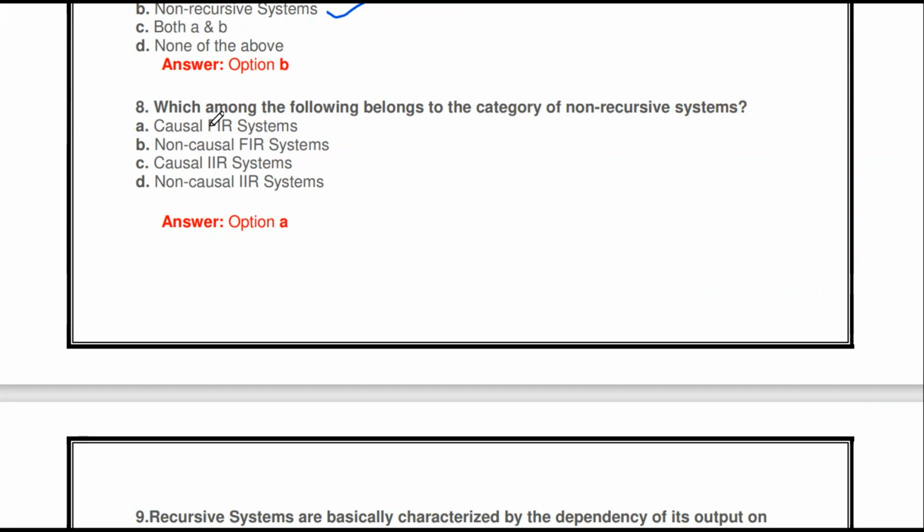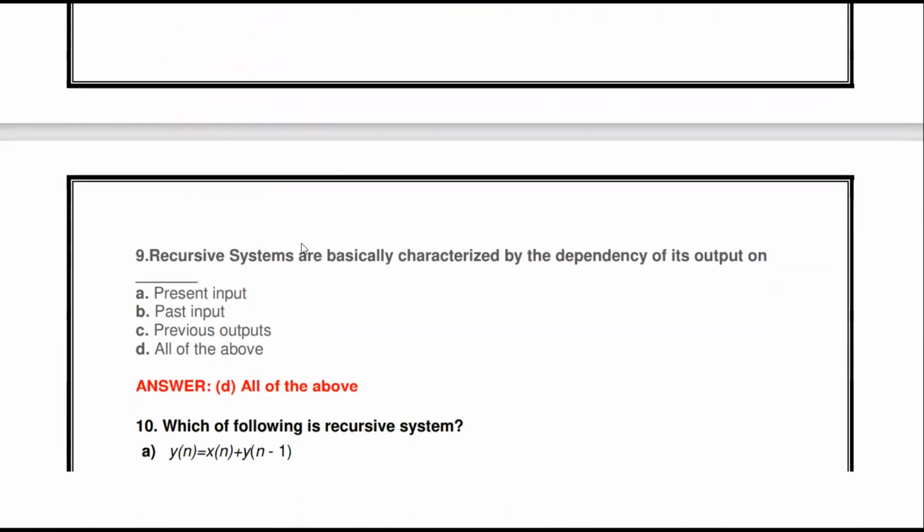For a causal system, the output does not depend upon the future input. Non-causal means the output depends upon the future input. So among the 4 categories, the non-recursive system is the causal FIR. This system does not depend upon the past outputs.